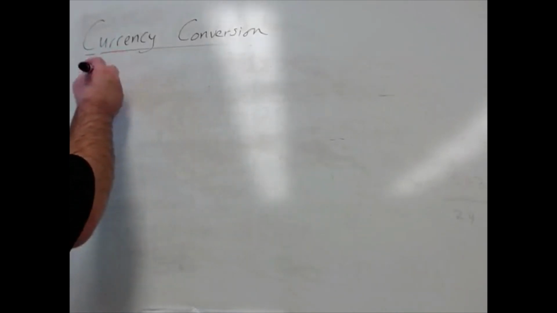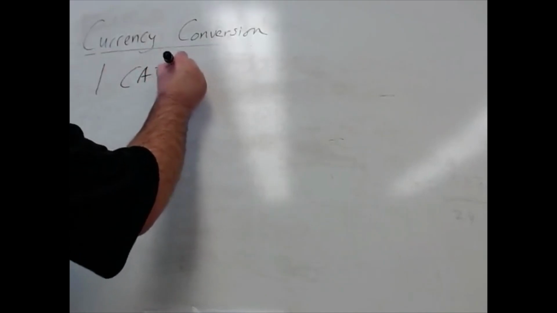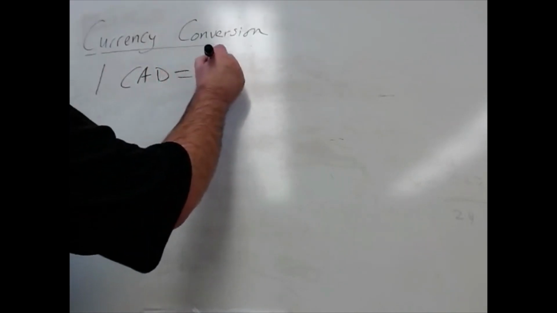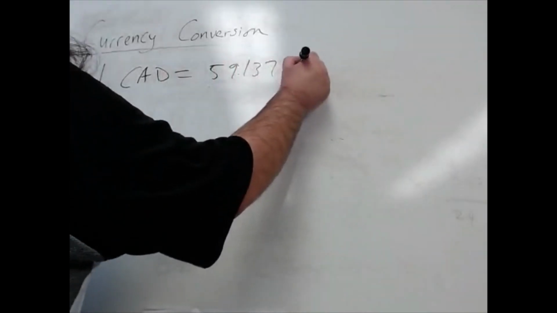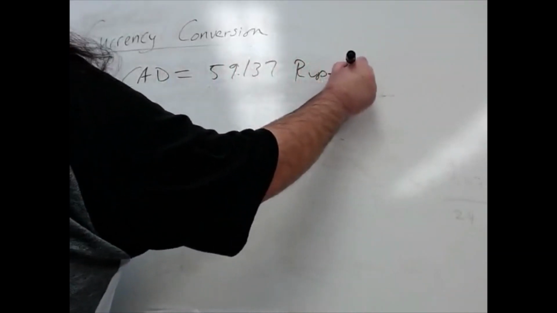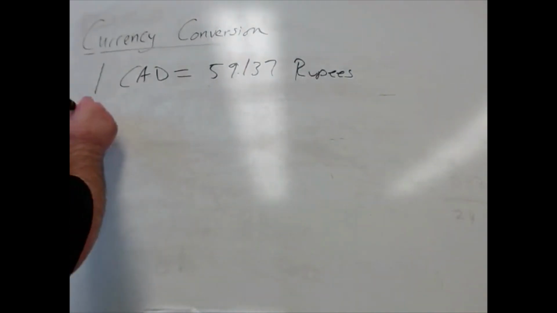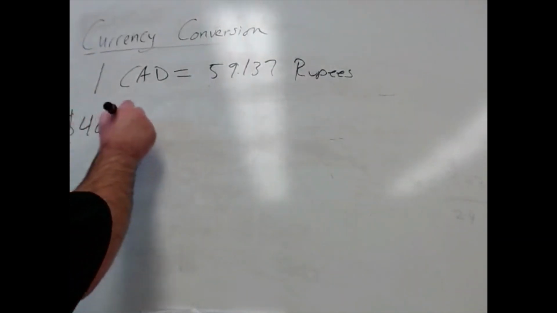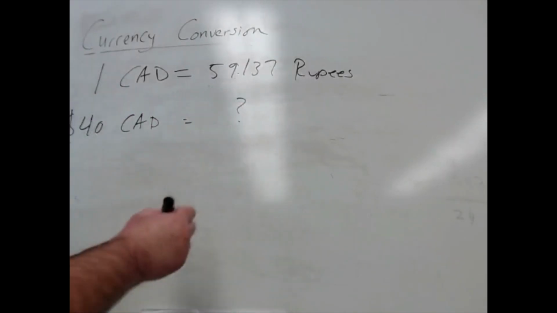The conversion rate today is 1 Canadian is approximately equal to 59.137 rupees. So let's say I were to take 40 Canadian dollars. Let's convert that over to rupees.